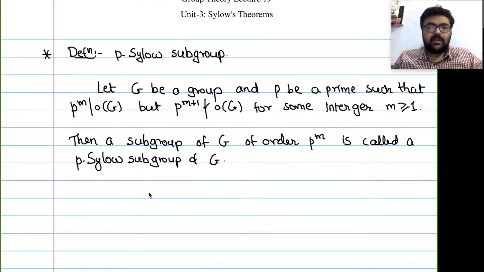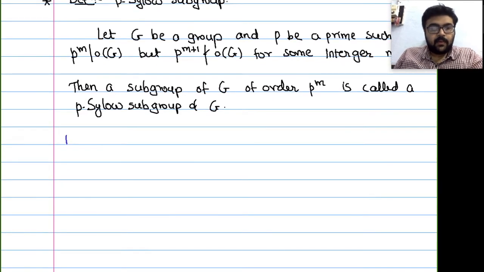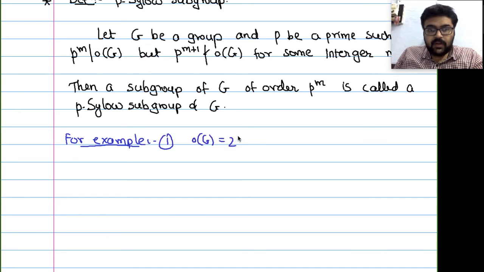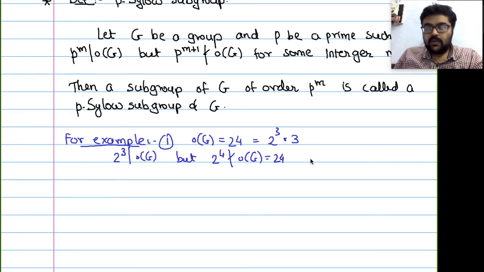For example, if I consider a group of order 24, as we had seen, the prime factorization is 8 into 3. So 2^3 divides the order of G, so 8 divides the order of G, but 2^4, 16, does not divide 24.